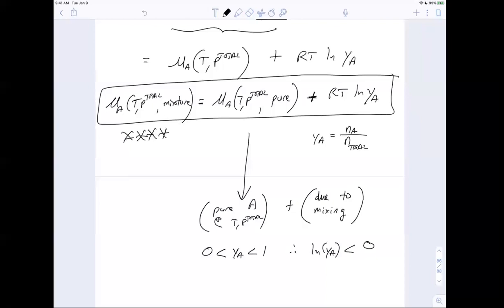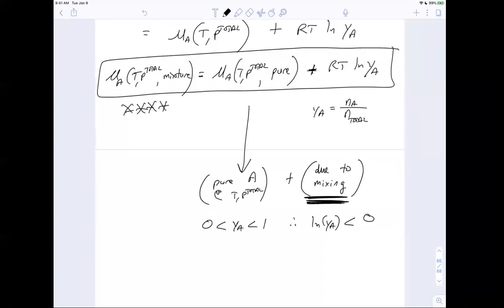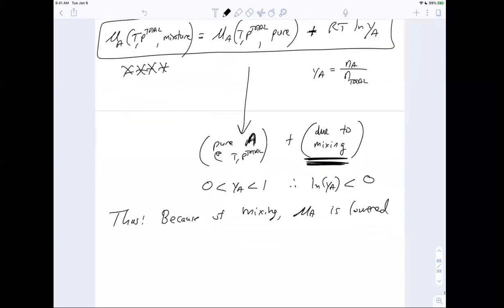And so this term, the term due to mixing, is going to reduce the chemical potential of A from its pure value at the temperature and P total in which you find that mixture. Thus, because of mixing, mu sub A is lowered in a mixture.